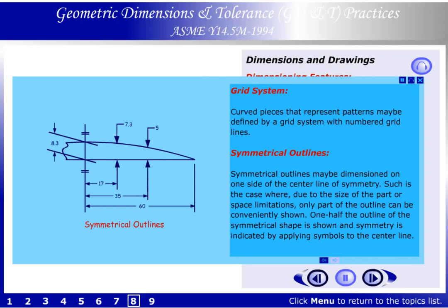Such is the case where, due to the size of the part or space limitations, only part of the outline can be conveniently shown. One half of the outline of the symmetrical shape is shown, and symmetry is indicated by applying symbols to the center line.